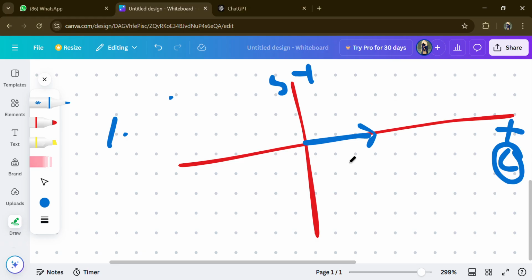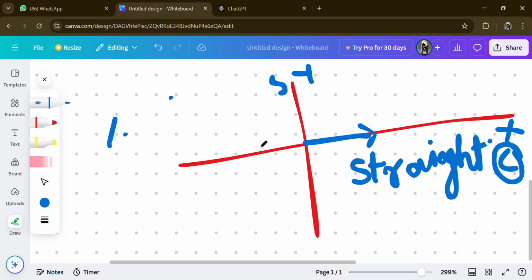But for now, if any charge is on the cos theta side, it will move in a straight motion. If any charge is moving in this direction, its motion would be circular, not straight, but a proper circle with 2 pi.